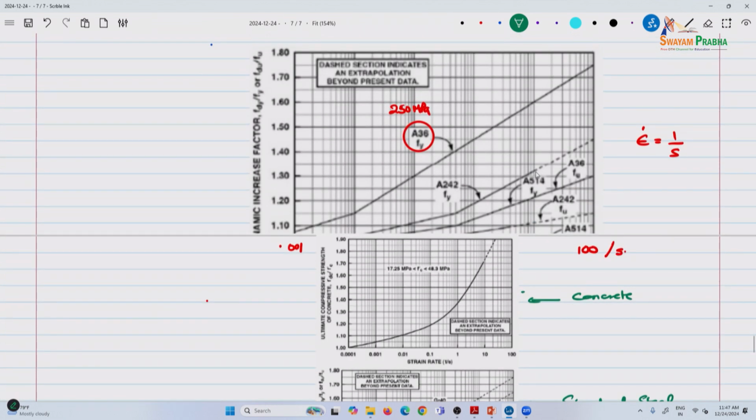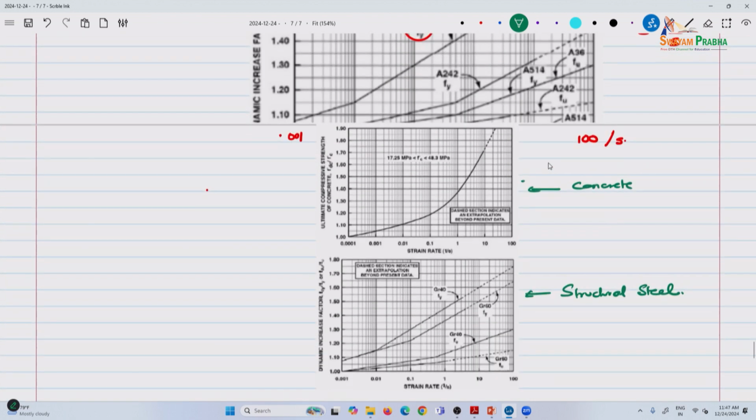No, A36 is structural steel too. Maybe they are the same. Grade 40. No, this is not structural steel. This is your reinforcement steel. So you have grade 60, grade 40s.